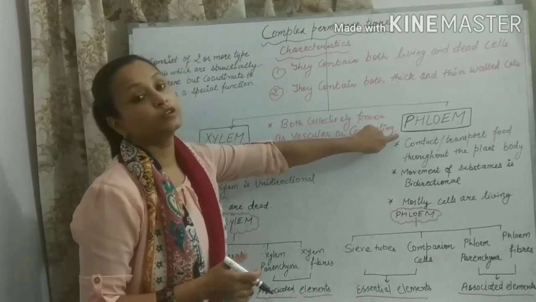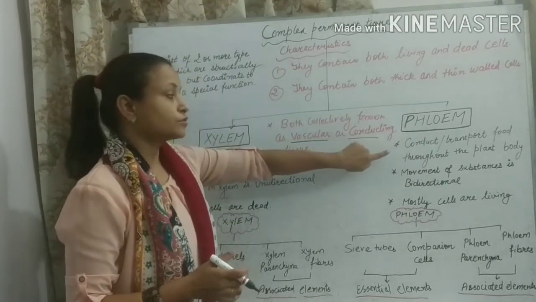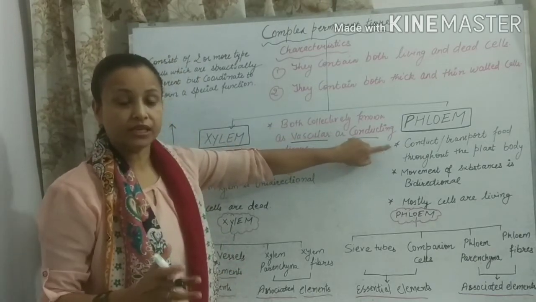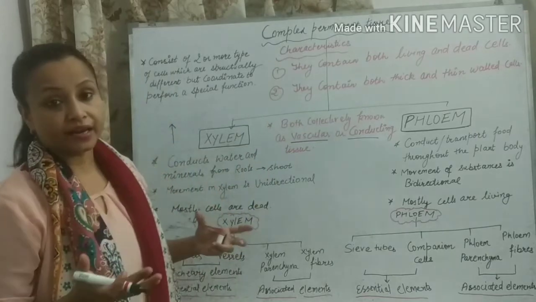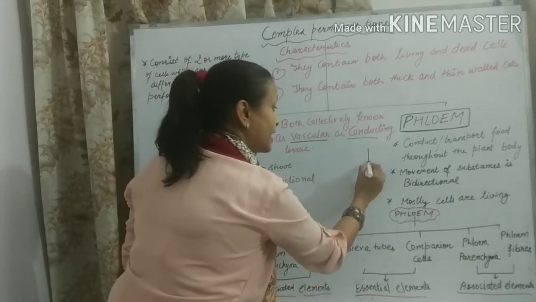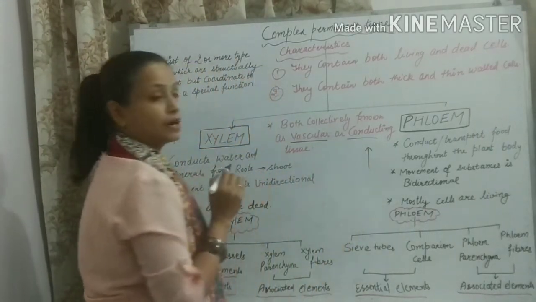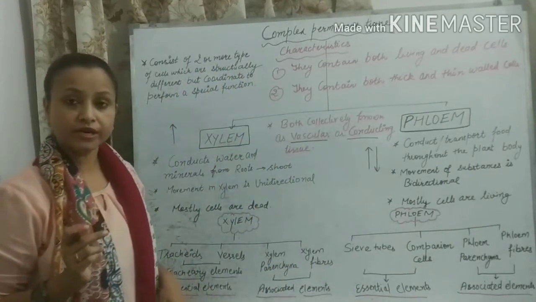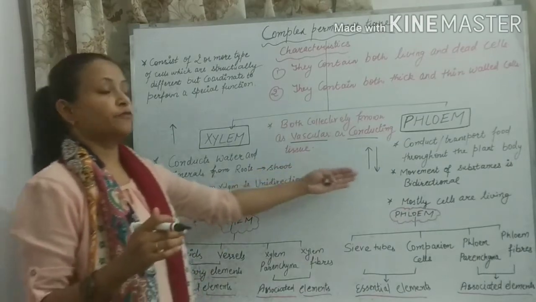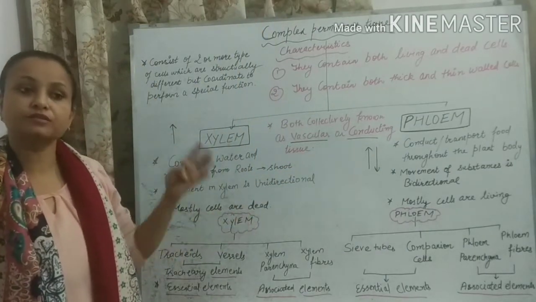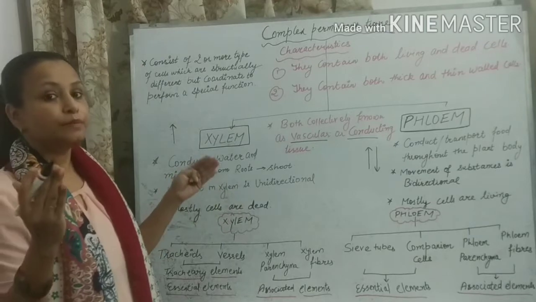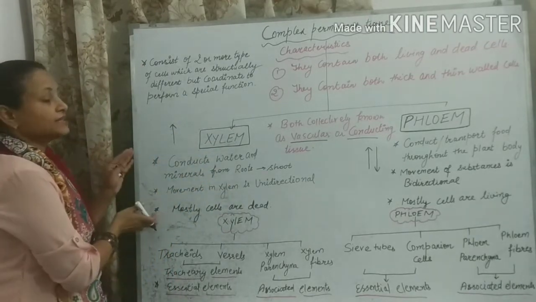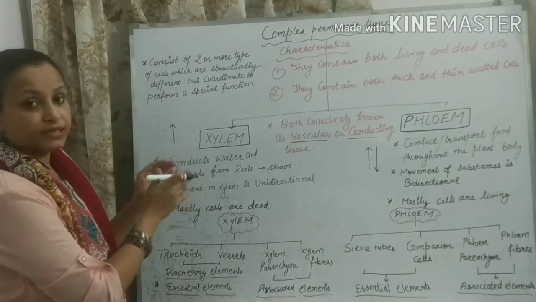It reaches through the tissue phloem. So phloem conducts the food throughout the plant body. The flow is bidirectional, meaning it can conduct food upward to the other branches or leaves, and also downward to the roots. Got it?